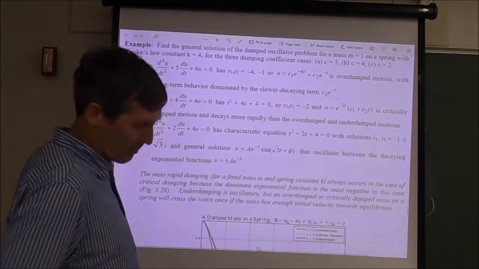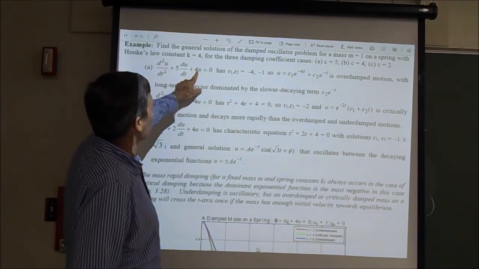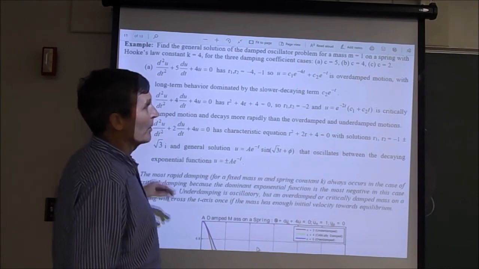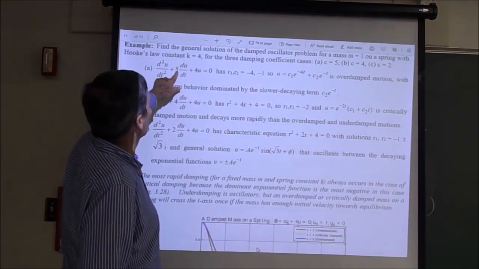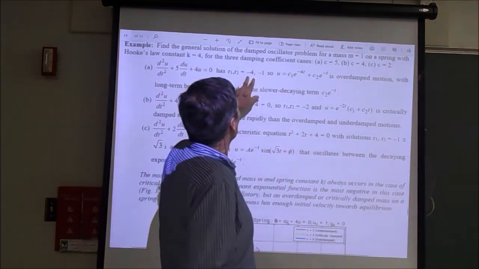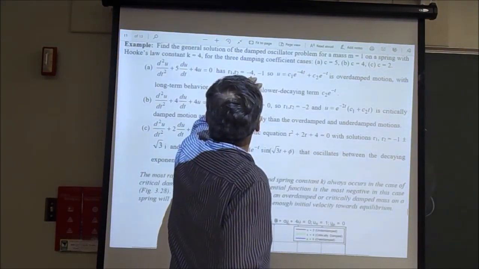Now, here are some examples. Suppose I have d squared u dt squared plus 5 du dt plus 4u equals 0. This could be for a mass 1, damping coefficient 5, and spring constant 4. It has two solutions to the characteristic equation.